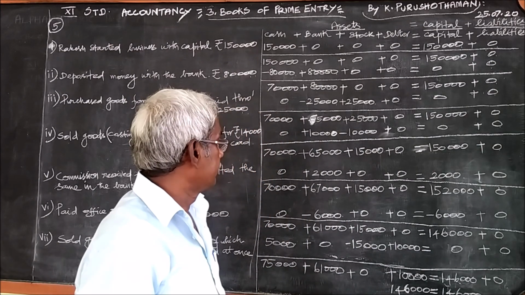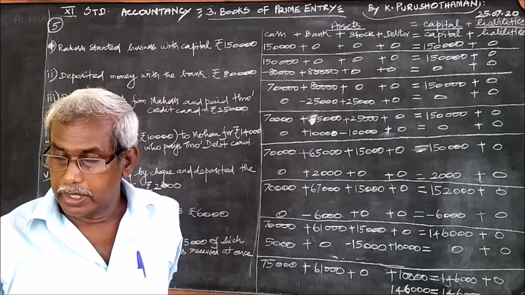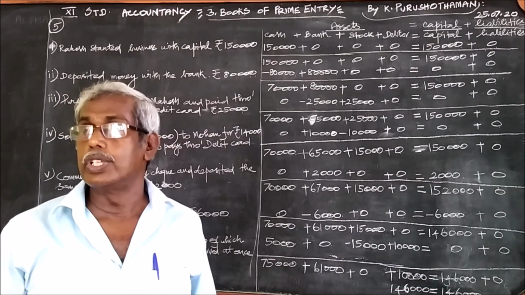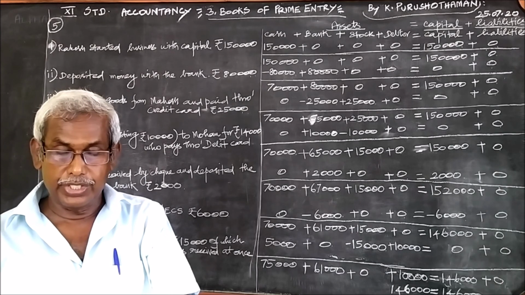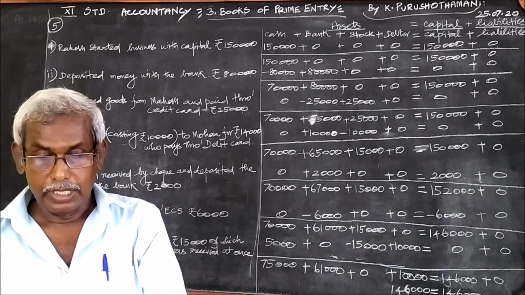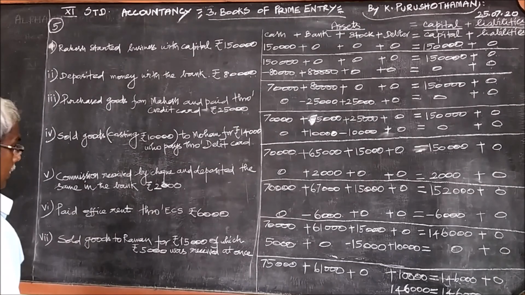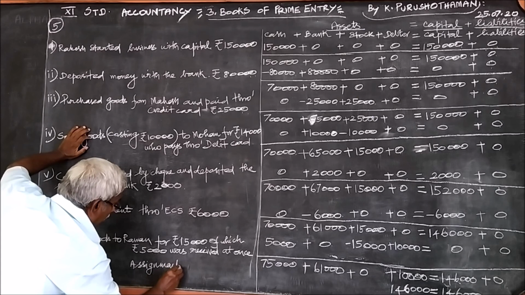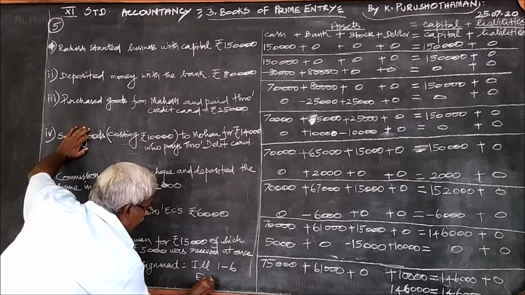So this is a model. There are two more sums, and you do the seventh one as an assignment. Illustrations 1 to 6 and exercise 7.